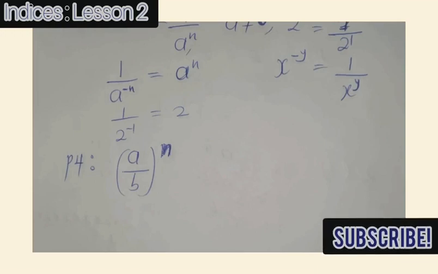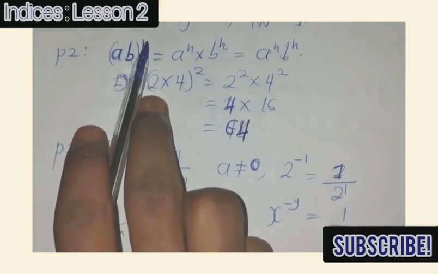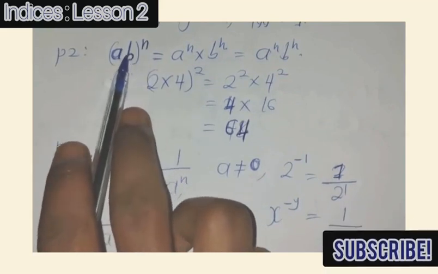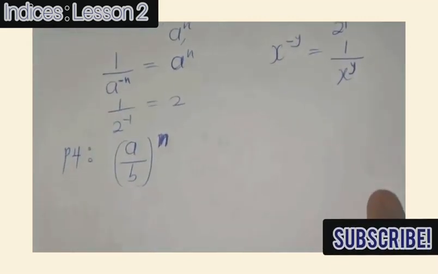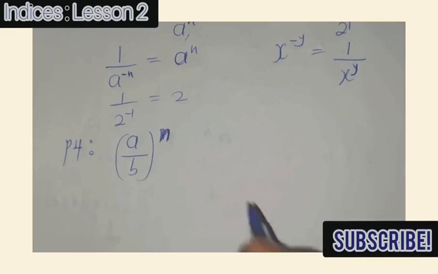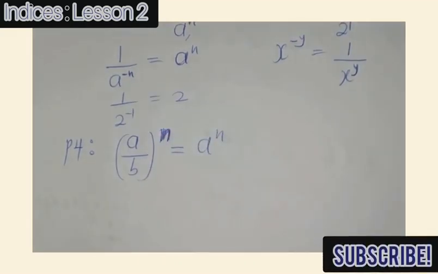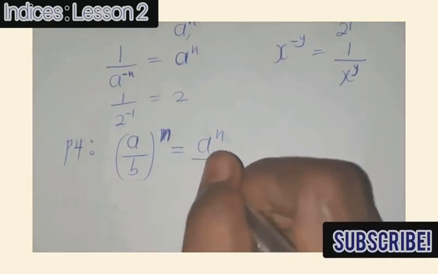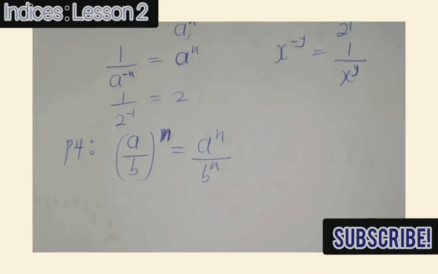Here they were multiplying, that's why we took the exponents for both bases. But here they are dividing: a is being divided by b. So the same approach, you take a to the power n and you take b to the power n.